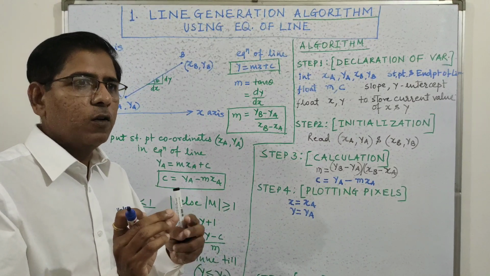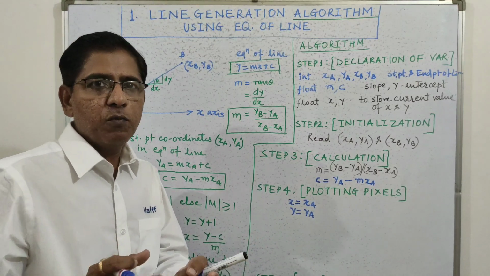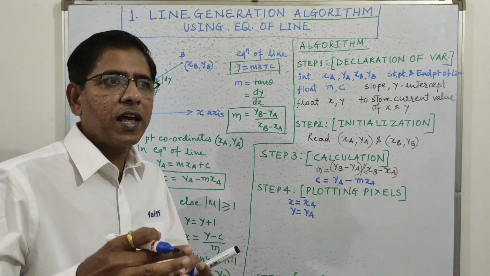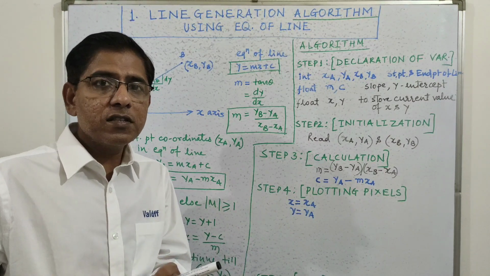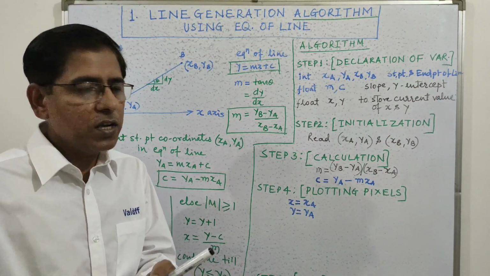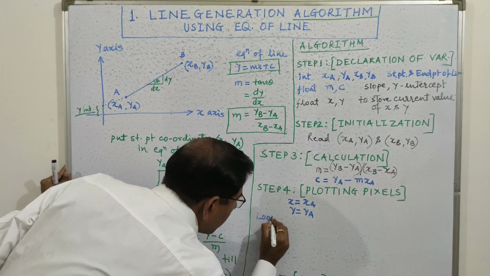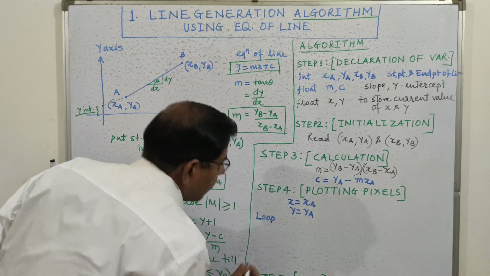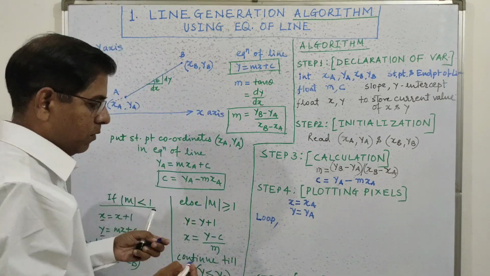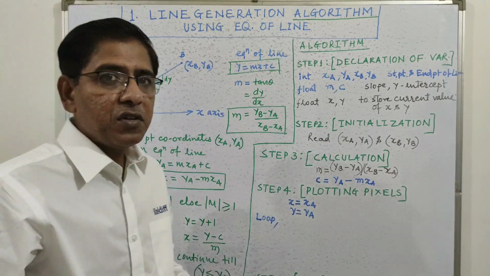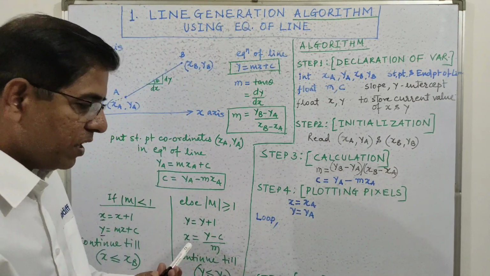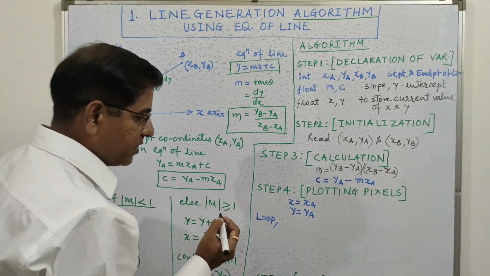A loop can be a for loop in case of C language, or a different loop if you are using some different programming language. Okay. So loop, then the plotting function. The plotting function is put pixel.